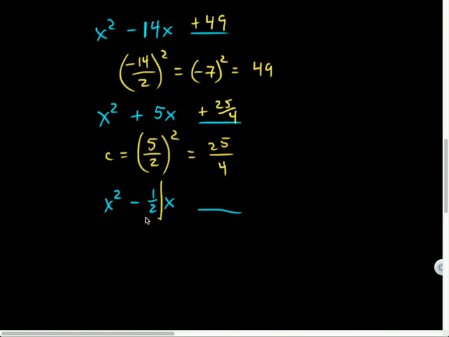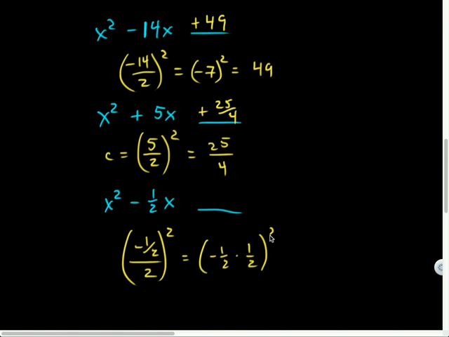So I'd have to take b. b is negative a half, right? So negative a half divided by 2 all squared, right? And how do I divide a fraction? Well, I could multiply it by the reciprocal of the denominator. What is the reciprocal of 2 over 1? 1 over 2. All right, so I'm going to write this out a little bit more than I have to. But multiply by the reciprocal of the denominator is a half.